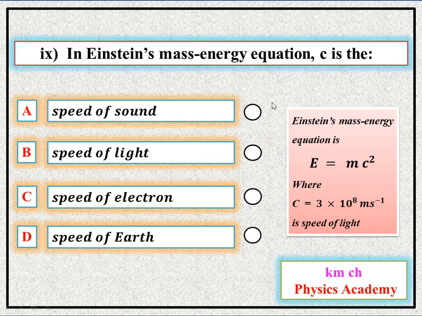Now we know that Einstein's mass energy equation is E is equal to mc square, where c represents the velocity of light, which is equal to 3 into 10 to the power 8 meter per second. So our option B, speed of light, is correct. We will fill the circle in front of B with black ink.